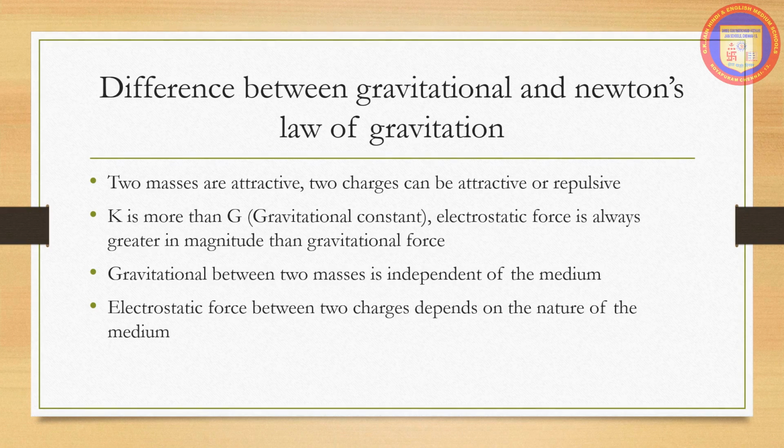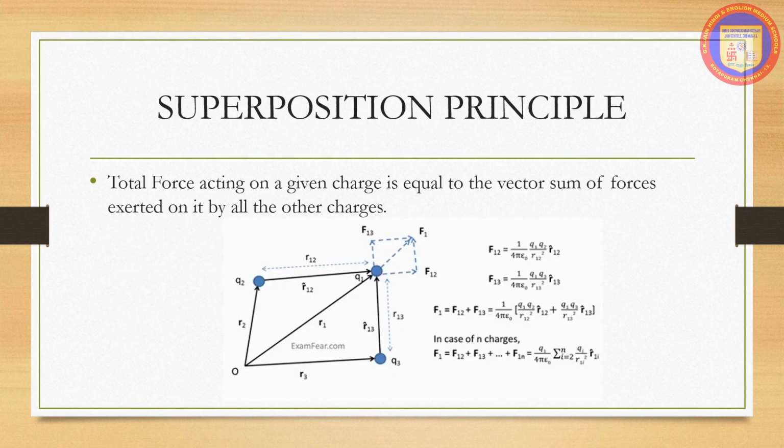If there are more than two charges, the superposition principle explains the interaction between multiple charges. According to this superposition principle, the total force acting on a given charge is equal to the vector sum of forces exerted on it by all the other charges. Consider a system of n charges, namely Q1, Q2, Q3, etc. up to Qn.